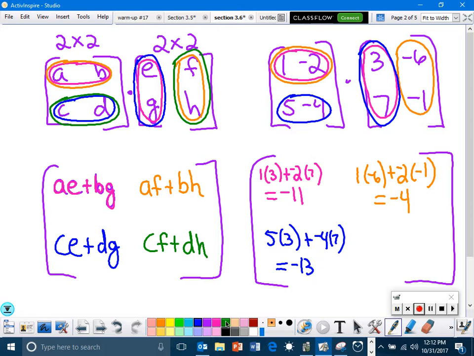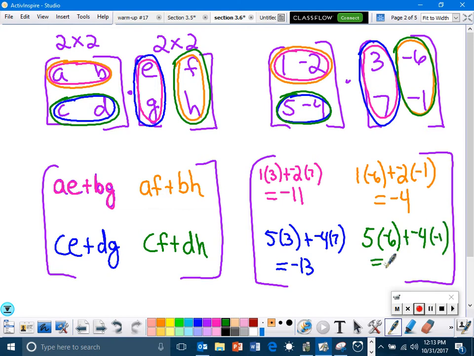Okay, one more time. We're going to take the second row and the second column. So we're going to go 5 times -6. Plus -4 times -1.